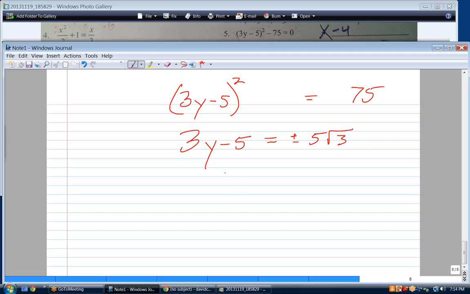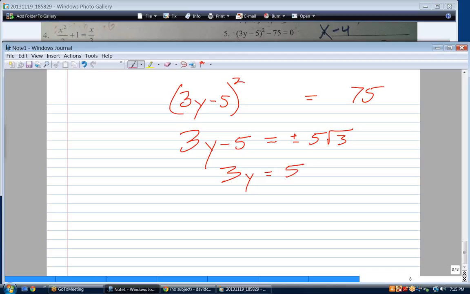Now what? Trying to isolate y, so move the 5 over. Okay. So what's the next line? 3y equals 5 square root 3 plus 5.